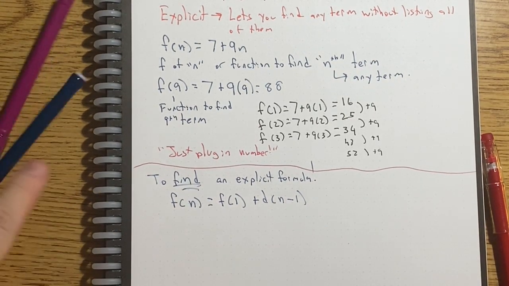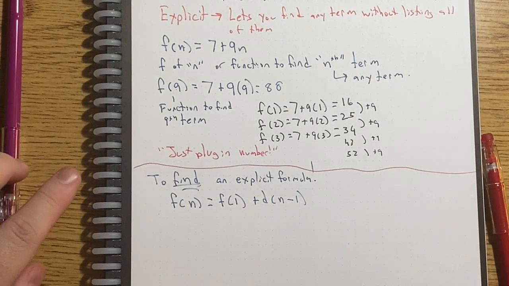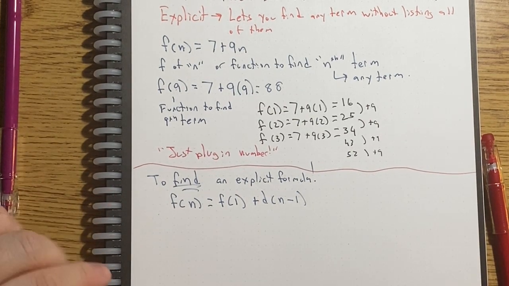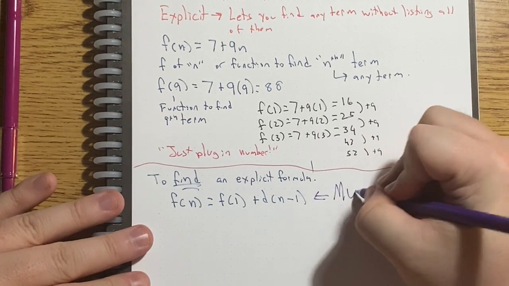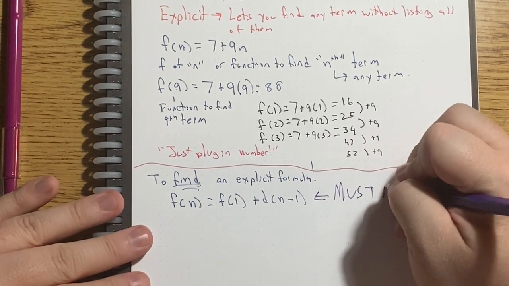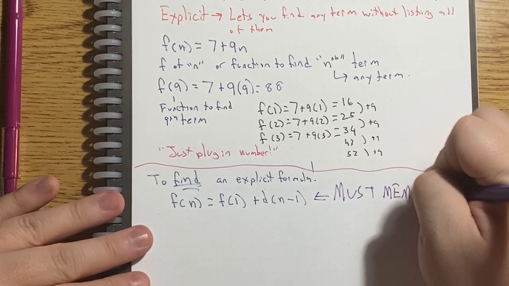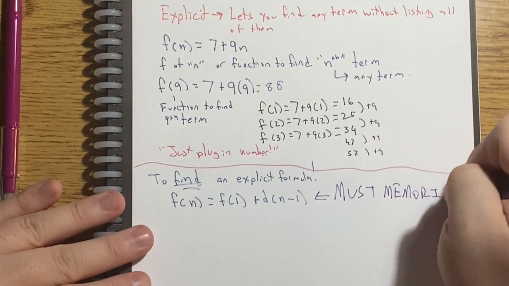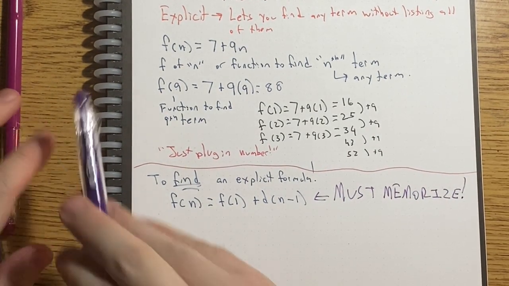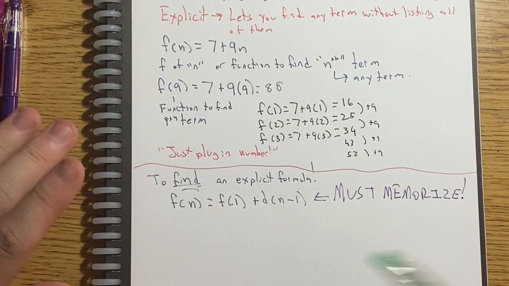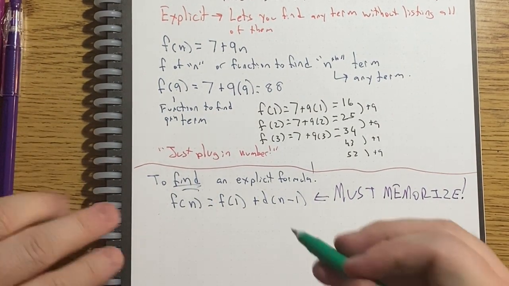You will not pass this quiz if this is not memorized. And it takes a little bit of practice, but once you get done with it, it's not too bad. It's stuff that you know how to do already.